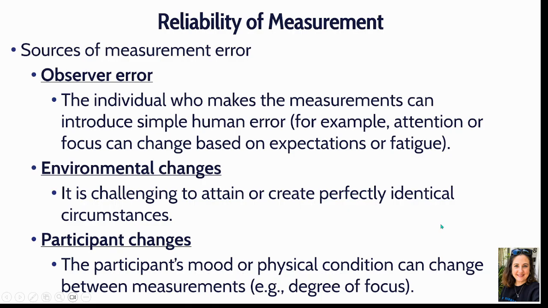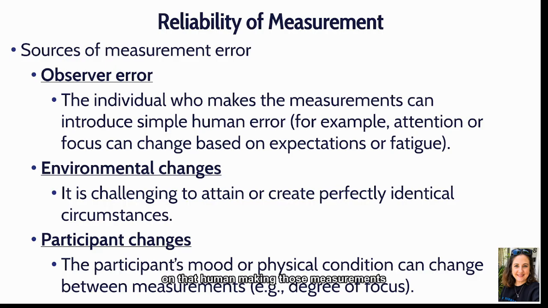All right, so reliability of measurement, sources of measurement error. First of all, it can be the observer. So if I'm observing human behavior and not using a tool, say I have an observer in a room who is counting the number of times that a student engages in disruptive behaviors.